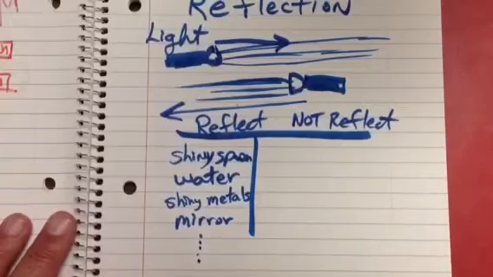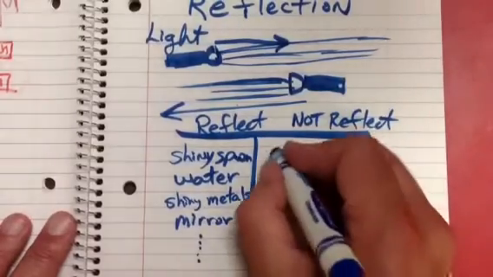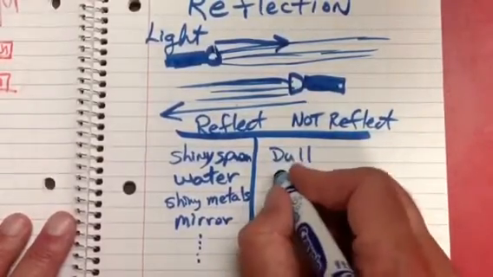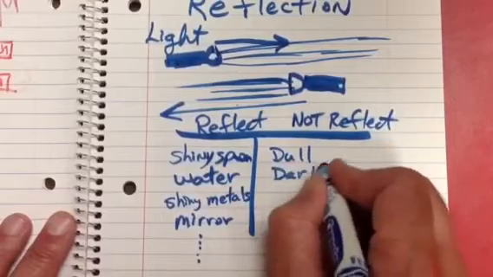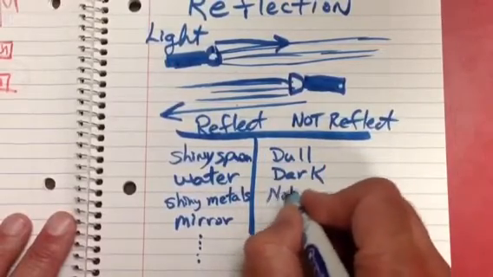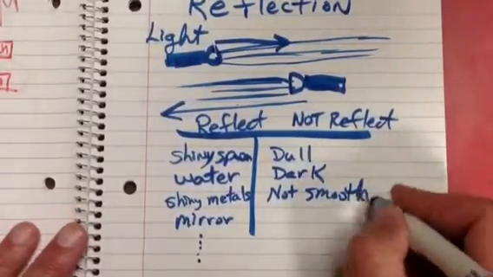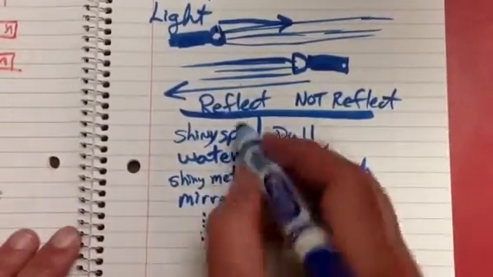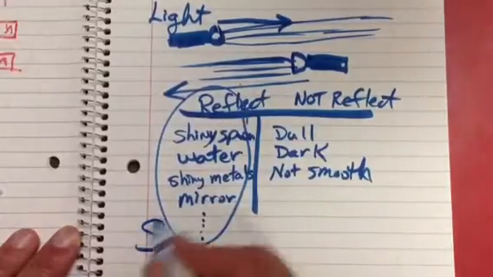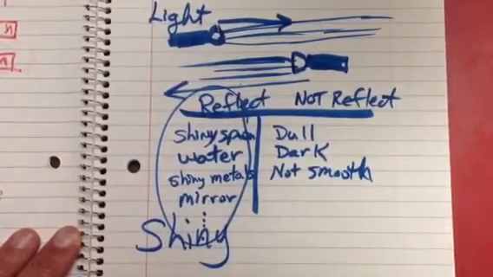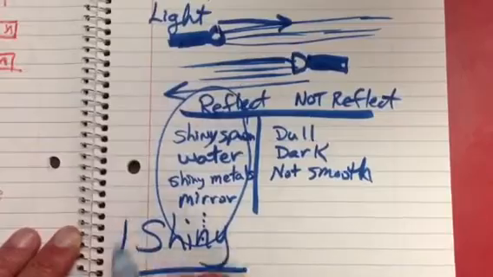Things that did not reflect were usually dull, sometimes they were dark, or they were not smooth. So I think overall we came to the conclusion that most things that reflect happen to be shiny. It doesn't have to be a mirror. It just needs to be shiny.